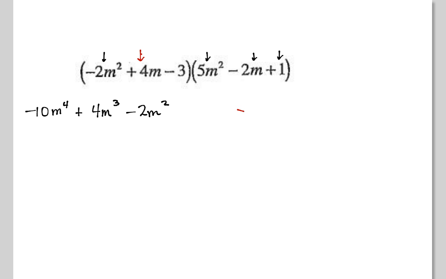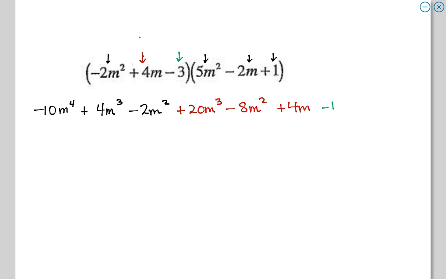Now I'll do in the red pen the second one. 4 by 5 is 20m cubed. And then negative 8m squared, and then timesing by 1 is easy. Now I'll do the green. I got a negative 15m squared, a plus 6m, and a negative 3.